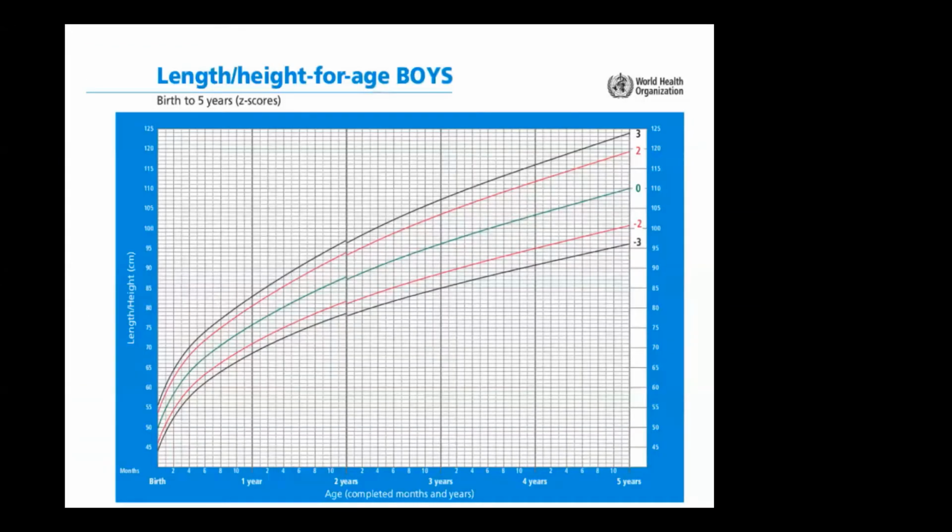Okay, next slide. How many of you have seen this chart before? Maybe you have seen a similar chart in the Netherlands or other countries? Sorry, can you please talk, because I cannot see the chat screen. Yes, I think I've seen it before in primary school, when they measured your height and looked at your weight.